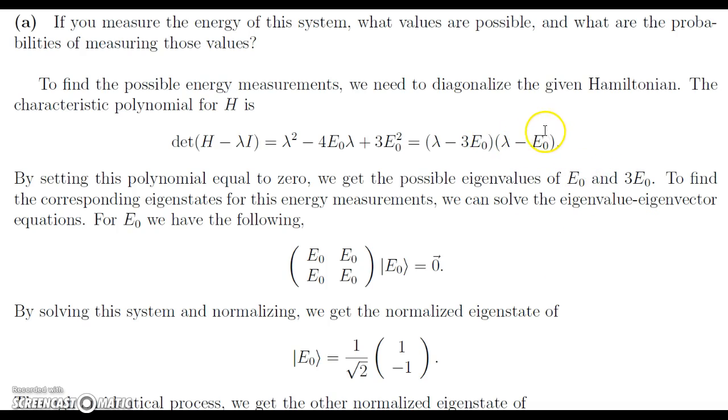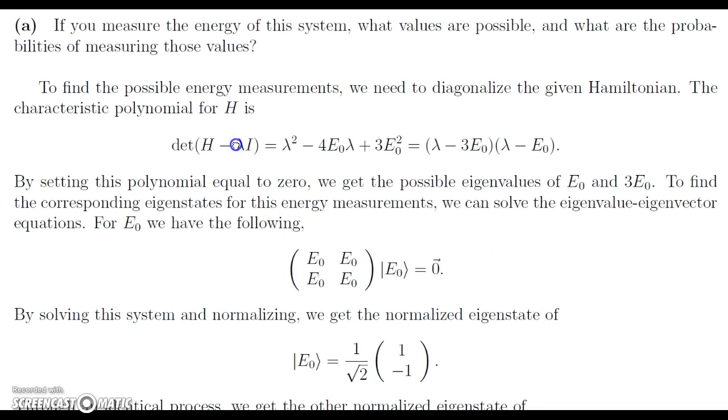And to find the corresponding eigenstates for these energy measurements, we can solve the eigenvalue-eigenvector equation. And to solve by plugging in E naught into the above equation here, we have the following matrix: E naught, E naught, E naught, E naught, times the state E naught equal to the 0 vector.